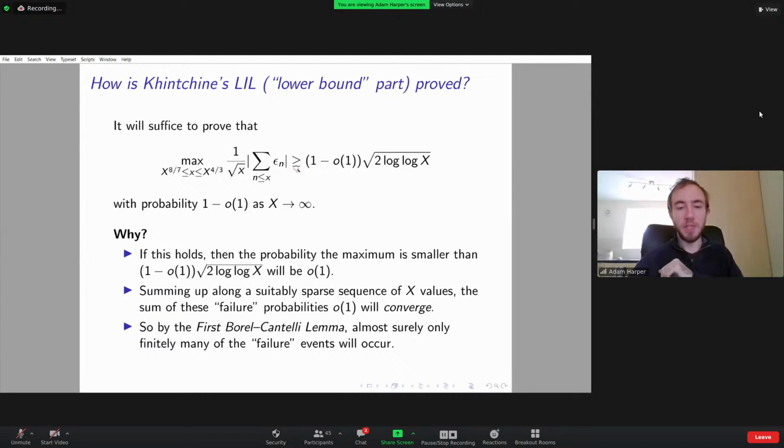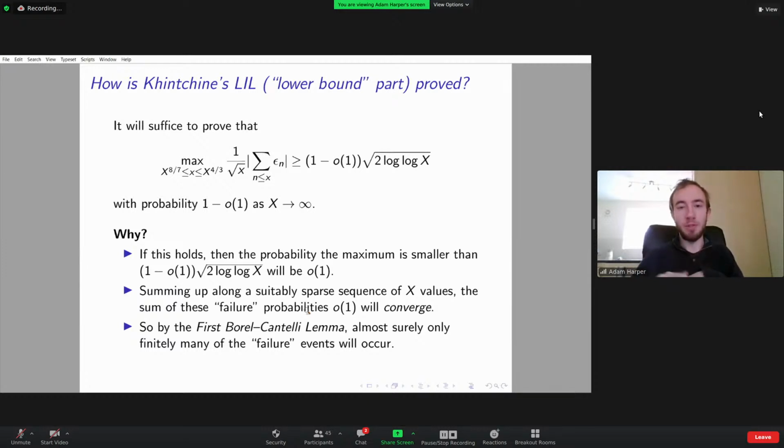The difference between this structure of the proof, this is just the start of the proof, and what you might have seen before is that here I'm using the first Cantelli lemma, and often you would use the second Cantelli lemma for this existence of large fluctuations part. But the second Cantelli lemma requires that the events you're working with are independent. And that's a big problem for random multiplicative functions.